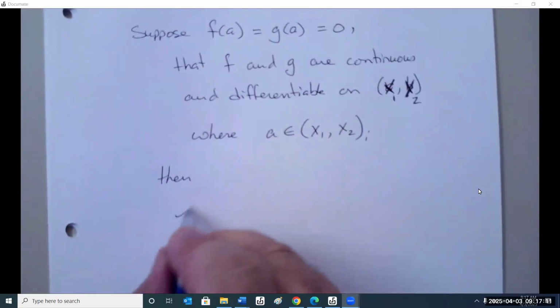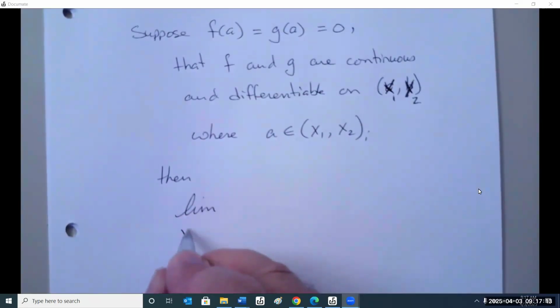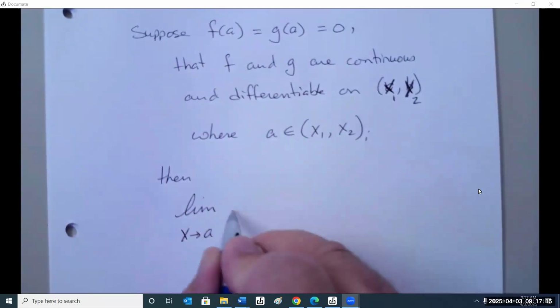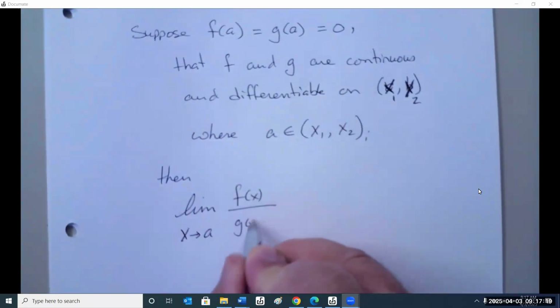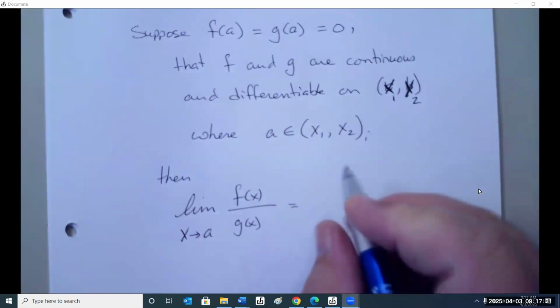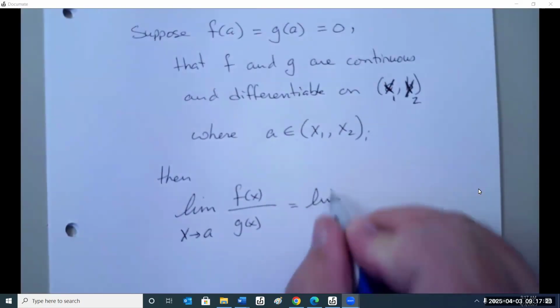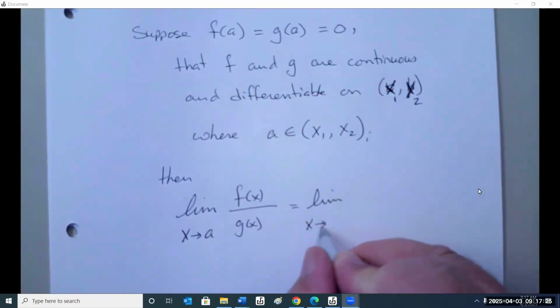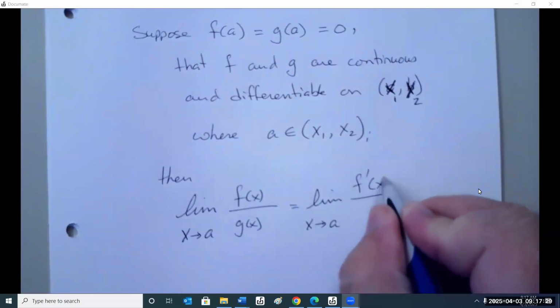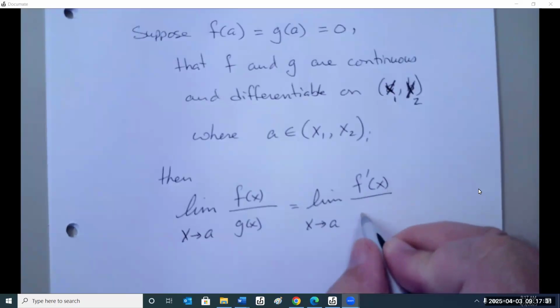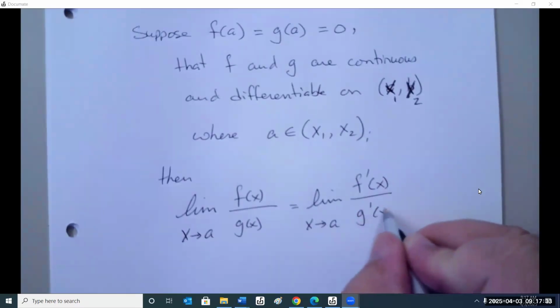Then the limit as x approaches a of f of x over g of x equals the same thing as the limit as x approaches a of the derivative of those functions.